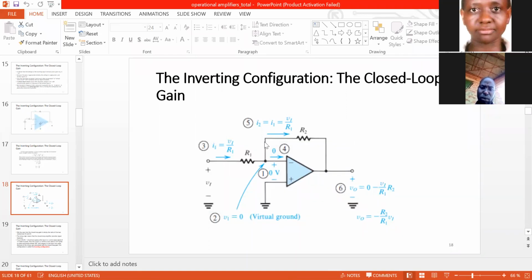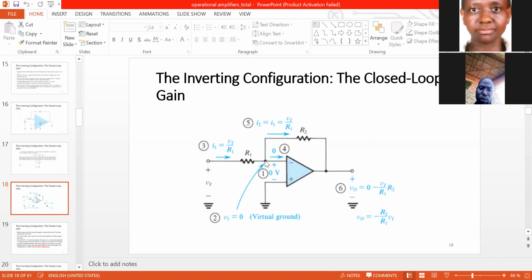Now that we have that, we can move to step 3, because what we want is to obtain the output V0, which will enable us to obtain the closed loop gain. So we need to determine the currents flowing through the resistors R1 and R2. In step 3, we determine the current flowing through R1. We know the voltage at this end of R1, it is VI.